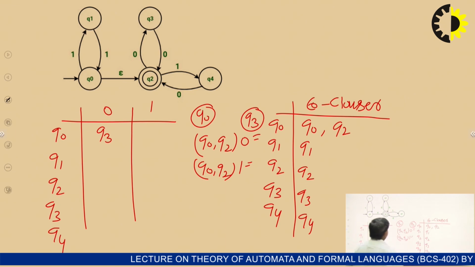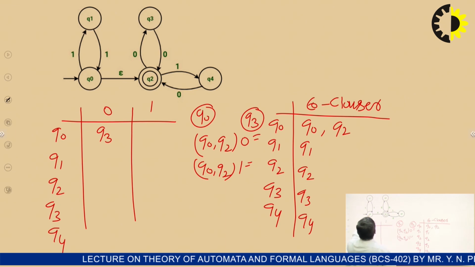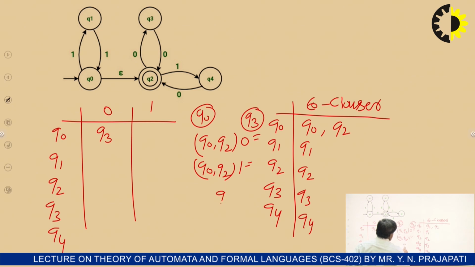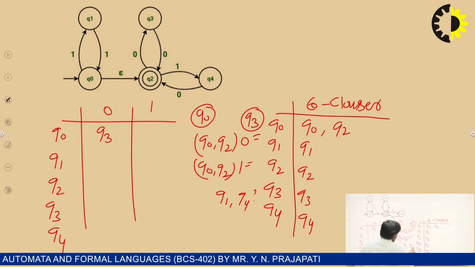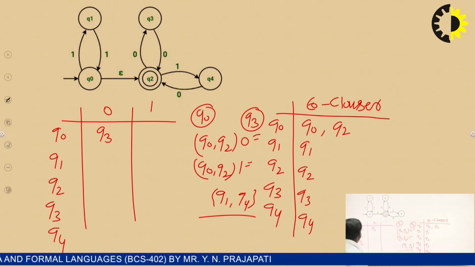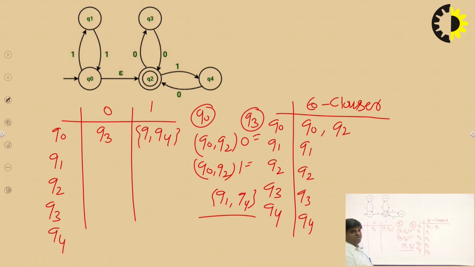Similarly, on 1 the Q0 transition available is Q1, and Q2 on 1 is available, that is Q4. Then the closure of Q1 and Q4, here Q1 and Q4. The target Q0 transition has been completed. Now similarly we find the Q1, Q2, Q3 and Q4 transitions in the same manner.